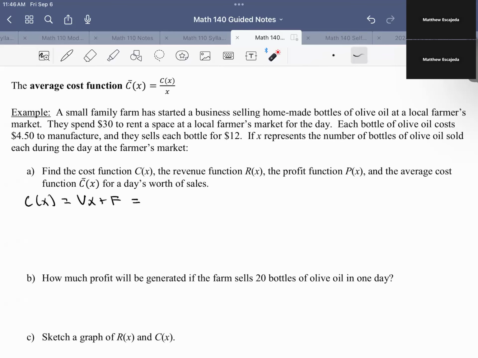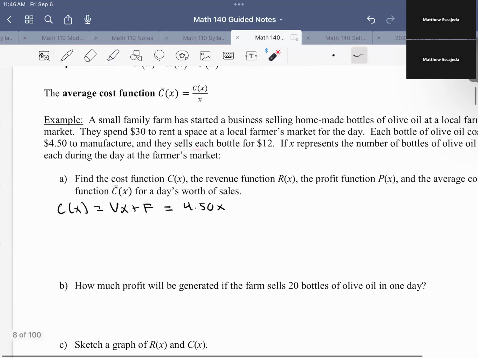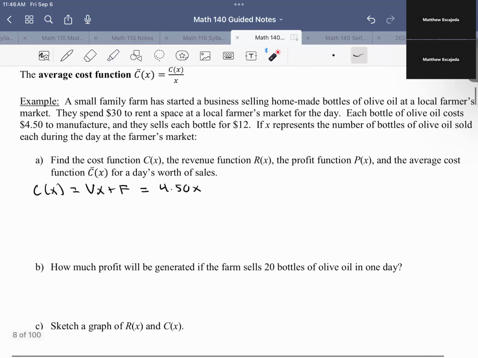We see that each bottle of olive oil costs $4.50 to manufacture, so that would be our variable cost: $4.50 times how many bottles we're selling. And what's the fixed cost? It's not exactly stated, but it automatically spends $30 to rent the space. No matter how many things we sell or not, that will always cost us the same. So that would be our cost function.